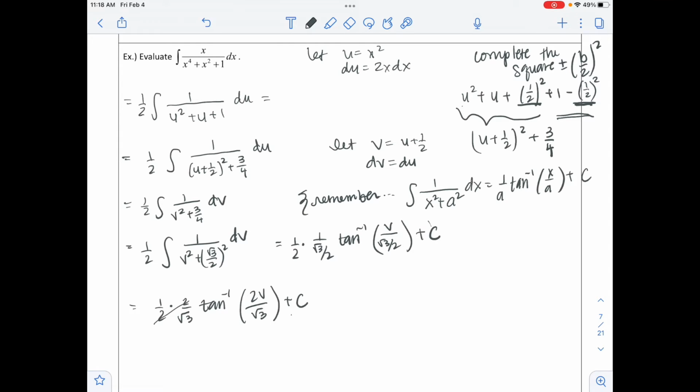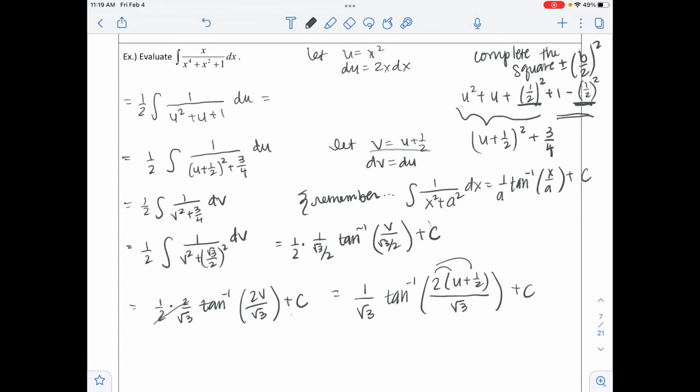Our 2's are going to reduce out, and now we have to start back subbing. So we know that v is equal to u plus 1/2. So we have 1 over the square root of 3 tangent inverse of 2 times v, and v is u plus 1/2, all over rad 3 plus c.